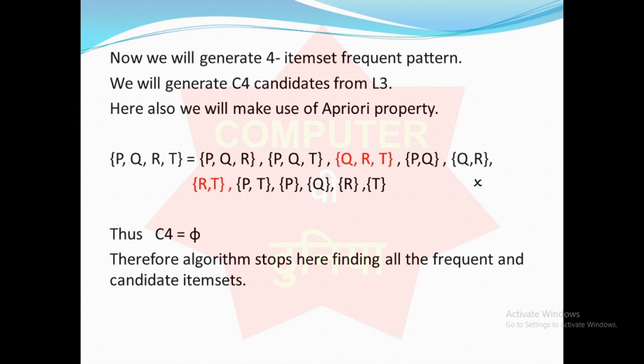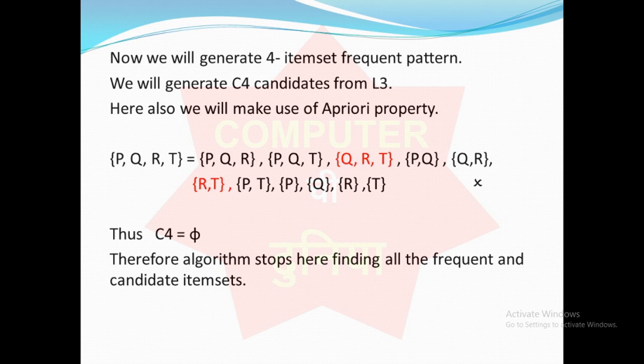Now, we will check all the subsets of this item set PQRT. Here you can see the item sets QRT and RT are not frequent item sets because they are not present in the lists L1, L2 or L3. Hence, this 4 item set PQRT is rejected.